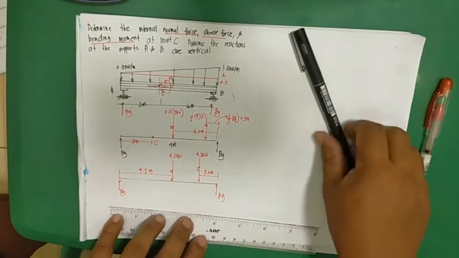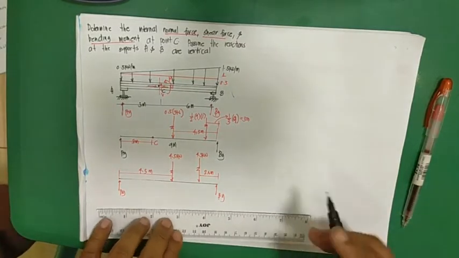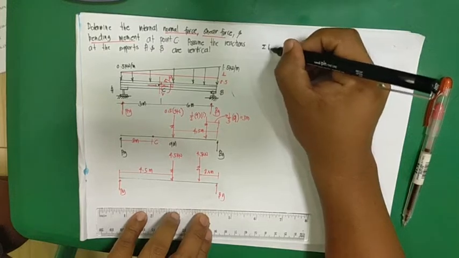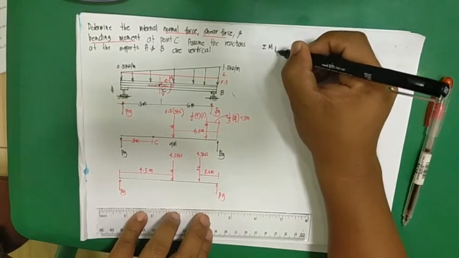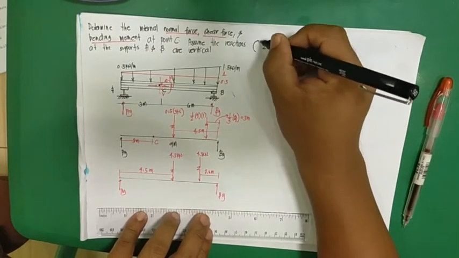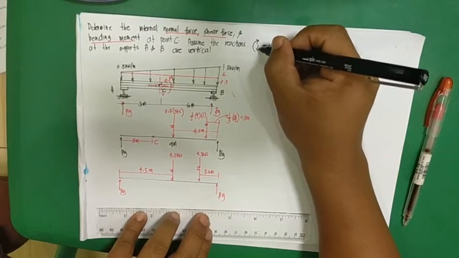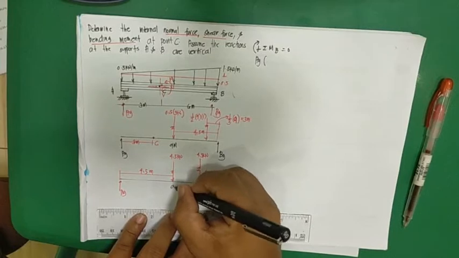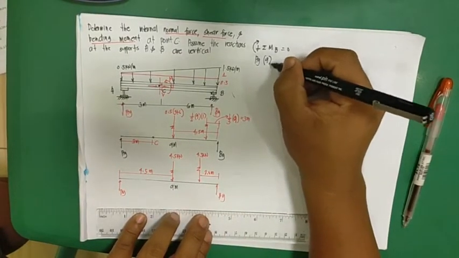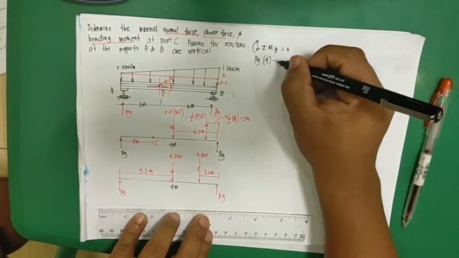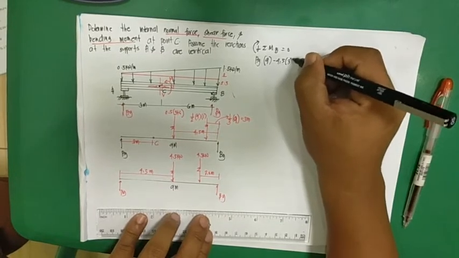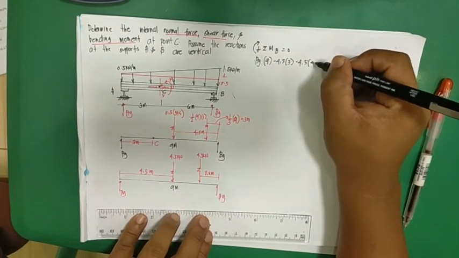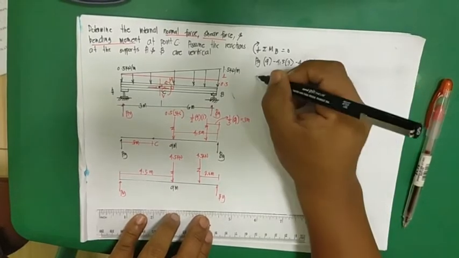So now, to determine the reaction, you can have here summation moment at point B is equal to 0. Assume clockwise, positive. So AY times 9 minus 4.5 times 3 minus 4.5 times 4.5 is equal to 0.